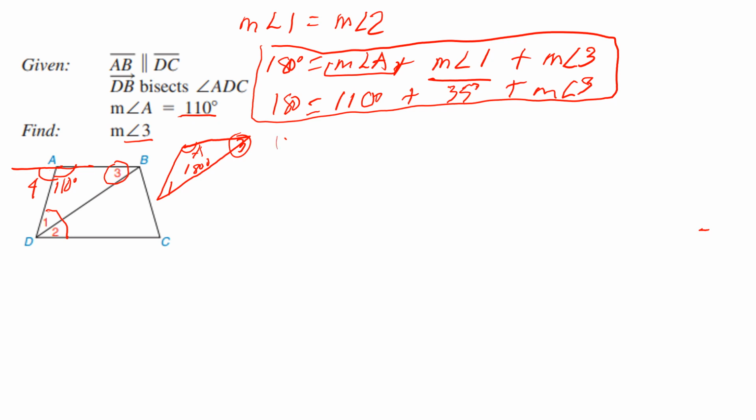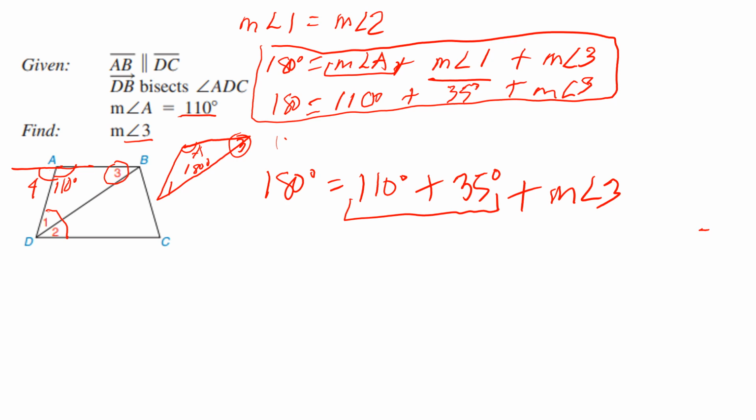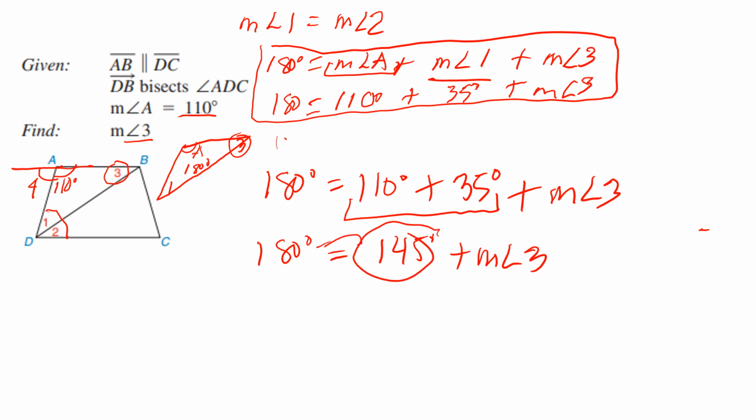Let us use this equation again. 180 degrees is equal to 110 degrees, the value of our angle A, plus the measurement of our angle 1, which is 35 degrees, plus the measurements of angle 3. And then we will try to combine this. So we have here 180 degrees is equal to 145 degrees plus the measurements of angle 3, and then we will try to transpose this on the other side.